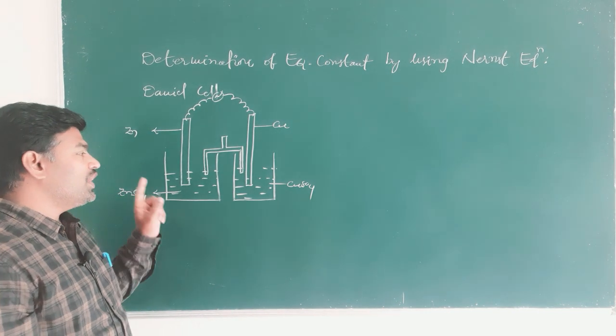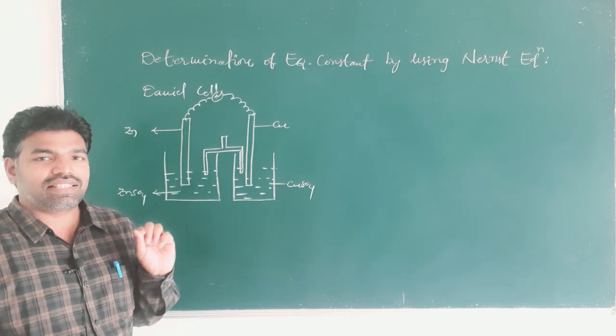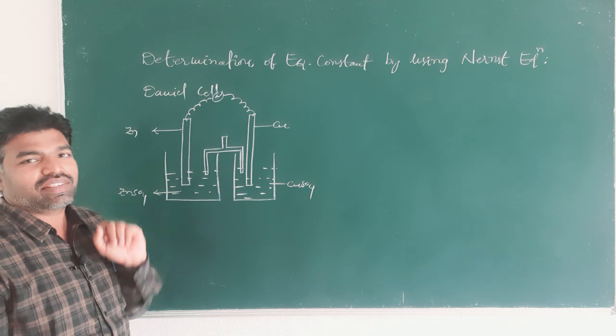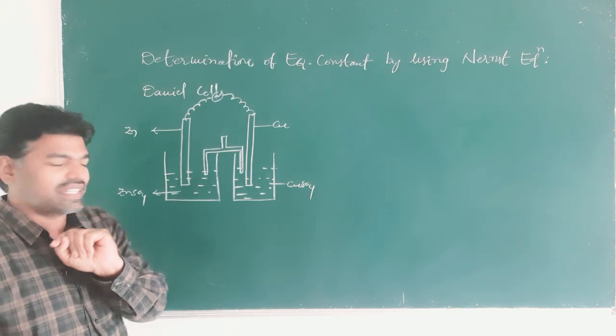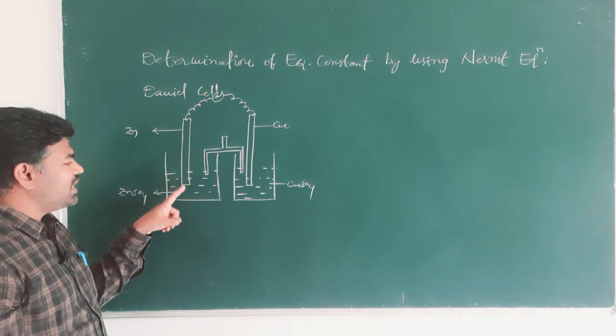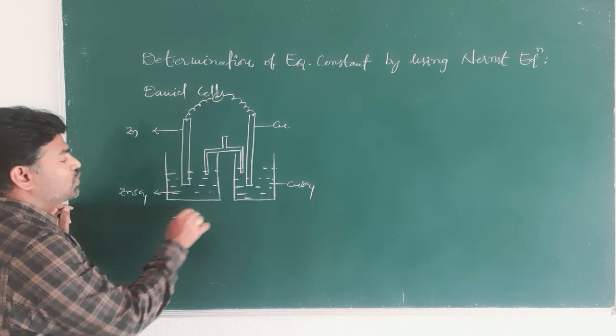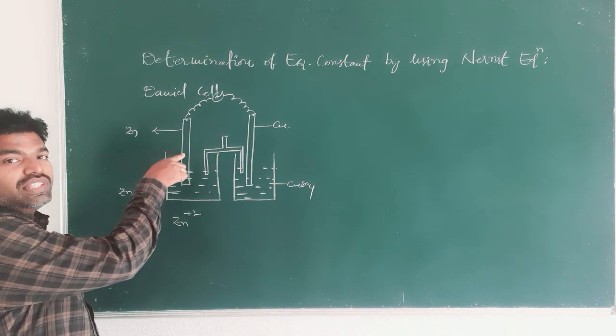We know from the last classes that when the cell is functioning, the concentration of Zn+2 ions increases due to the oxidation of zinc.